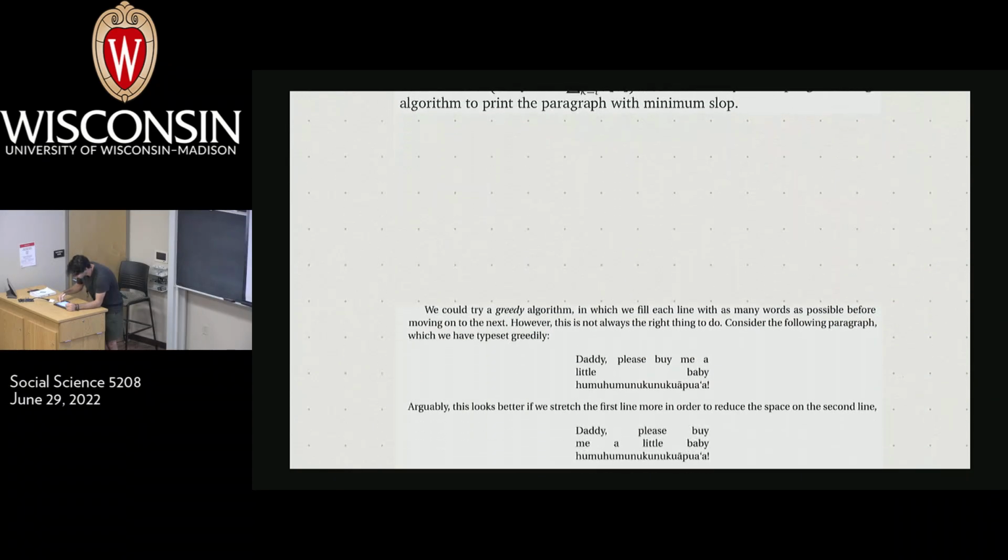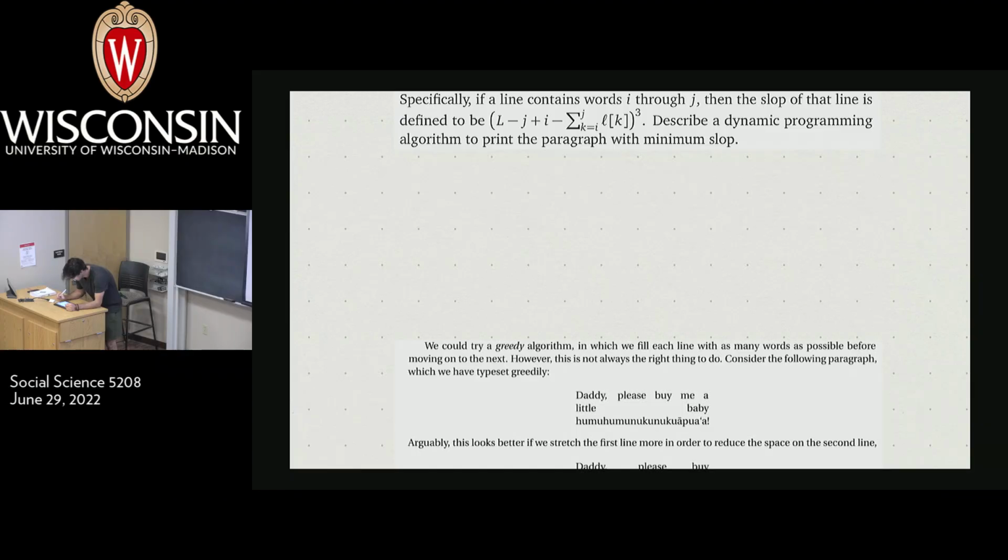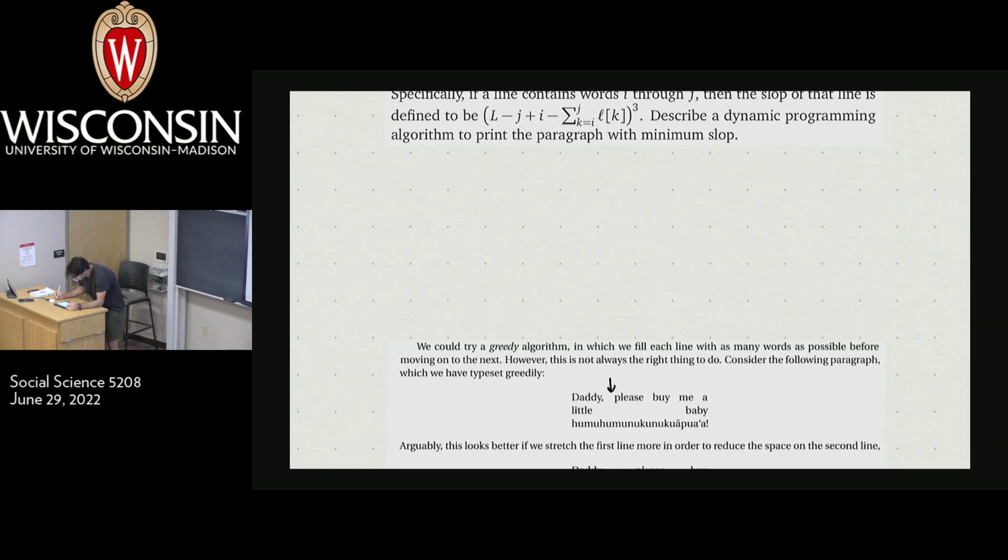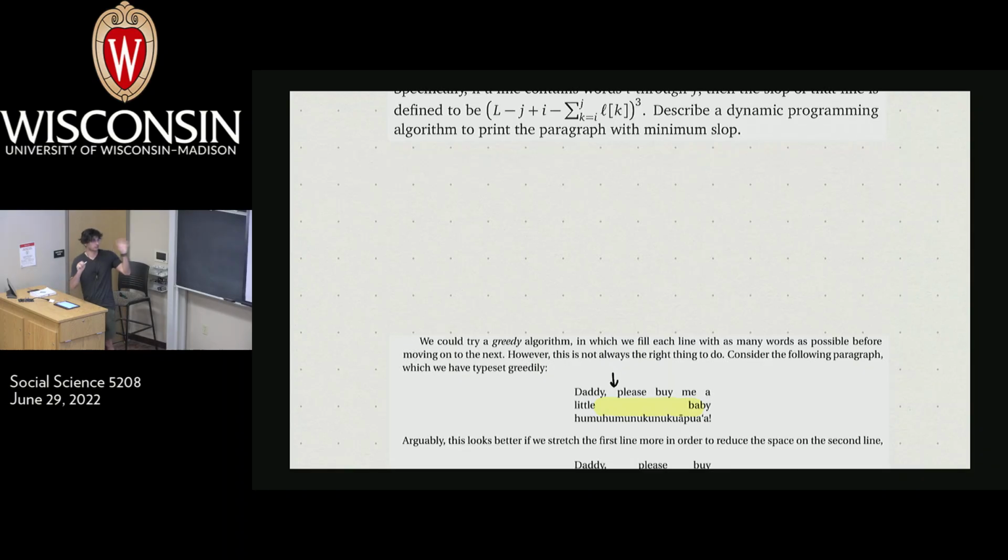So for example, consider this paragraph here. We decided on the first line to pack all those words in there, and so we get very short spaces in between. But because of that, we have to have this massive space in the middle here. This is a consequence of having to fit everything in, where you're basically justifying it so that the left word is touching the left margin, and the right word is touching the right margin.